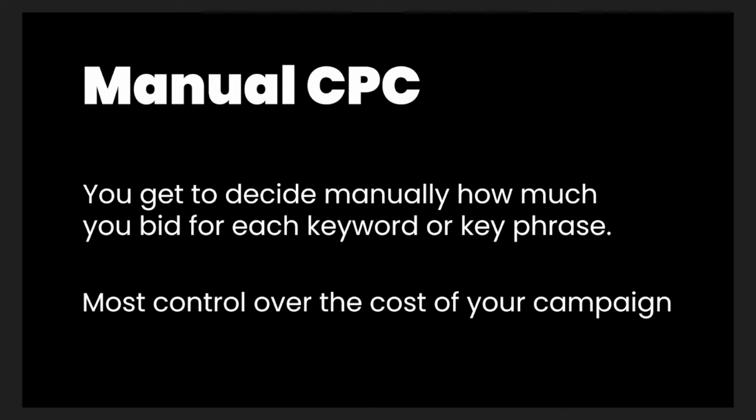Now, if you go into manual CPC, you will also see there's a section that says enhanced CPC. You can click on enhanced CPC, but I would suggest that you set up your conversion tracking first. Let me quickly explain what enhanced CPC will do. It'll slightly alter the bid.